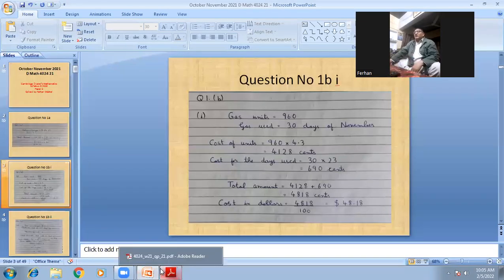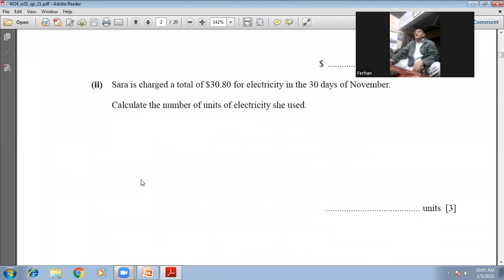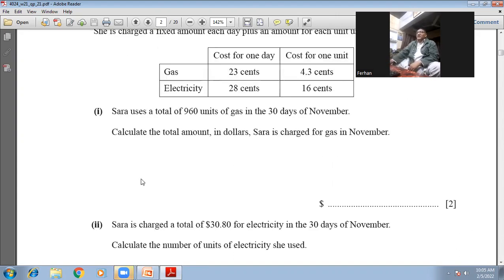Okay, so let's go to the next part. He says Sarah is charged a total of $30.80 for electricity in 30 days of November. Calculate the number of units of electricity she used. We don't know how many units of electricity she used, but the total bill for the electricity is 30.80. So 30 multiplied by 28 plus x multiplied by 16 equals 30.80.